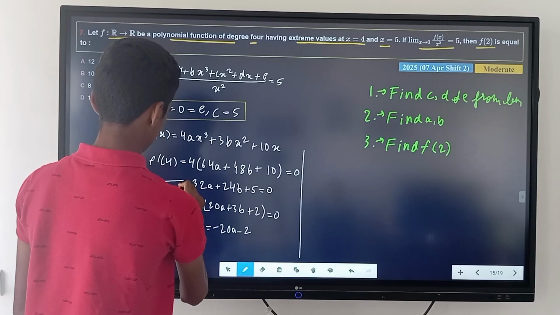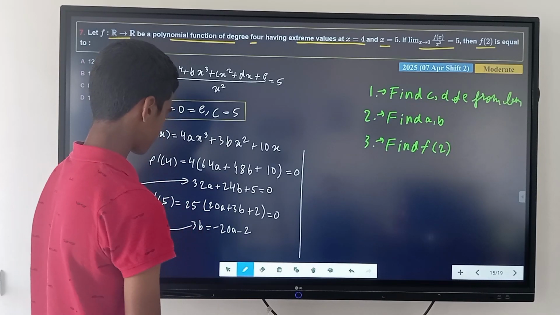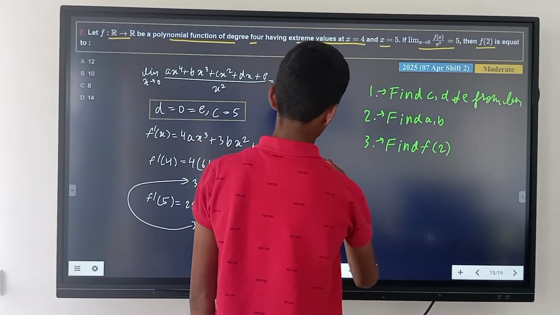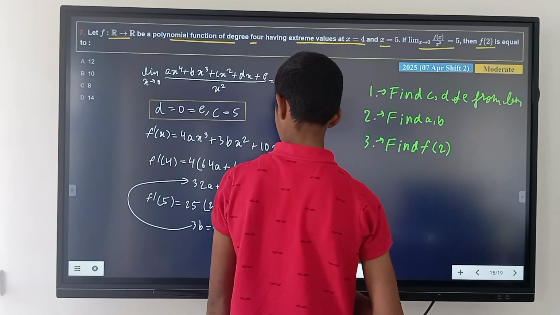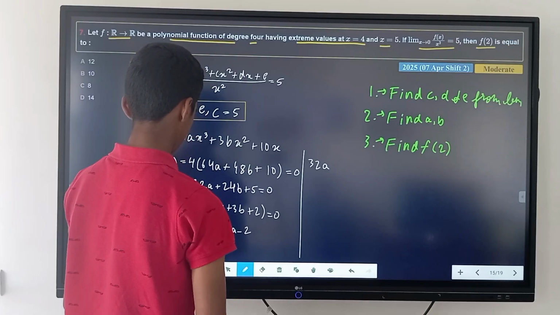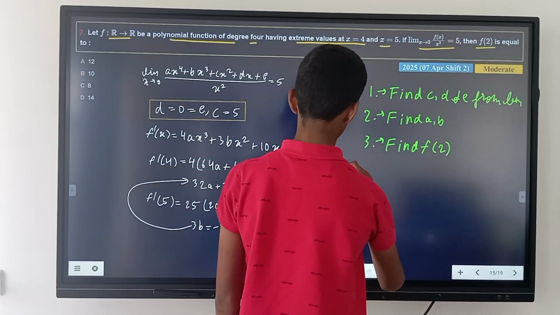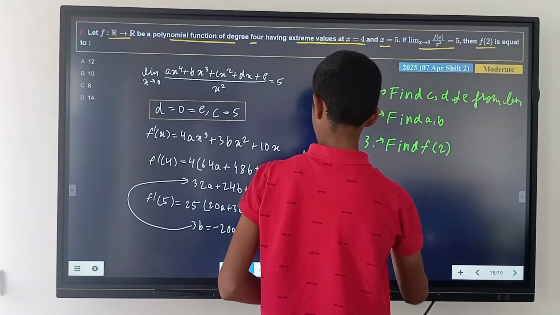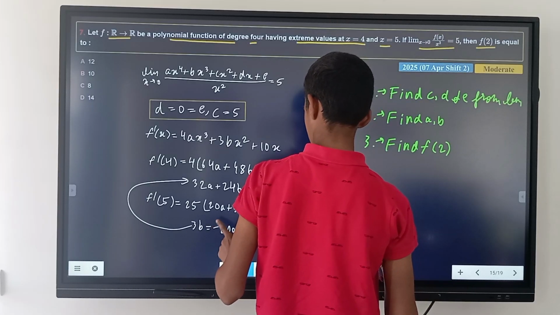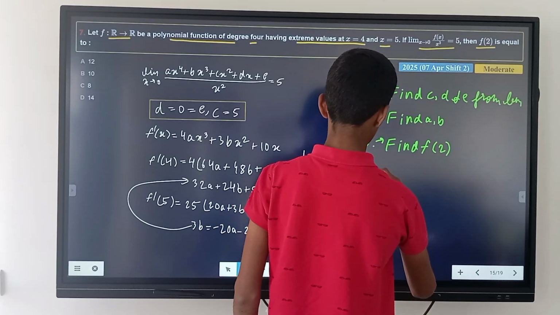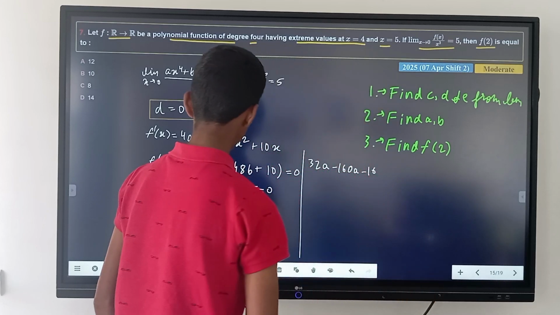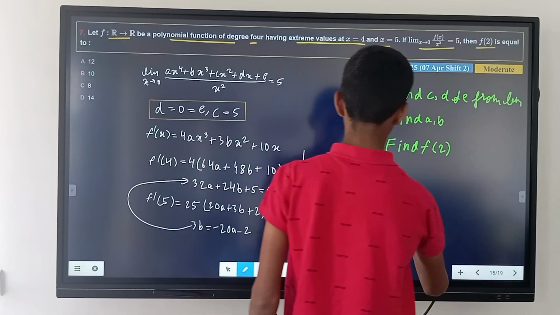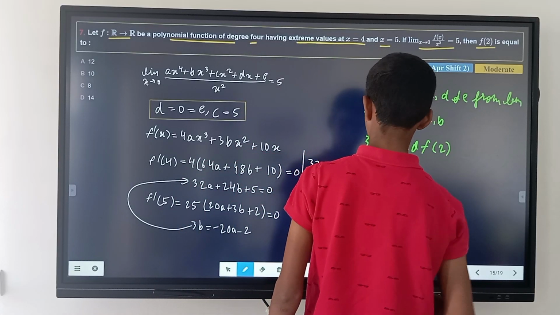Let's put this in the above equation. We will get 32a, 8 times that, so minus 160a, minus 168a and minus 16, plus 5 is equal to 0.